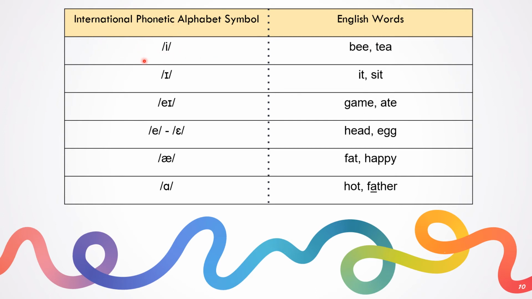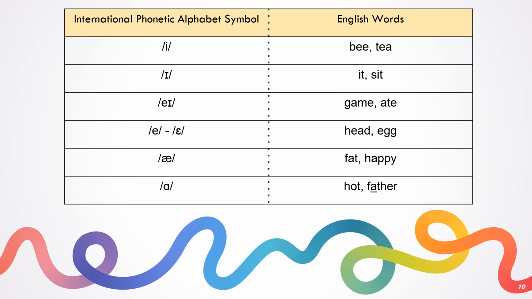Here you have this phonetic symbol and some English words. Bit, sit. Then we have game, ate. Shortly after this, we have head, egg. Fat, happy.